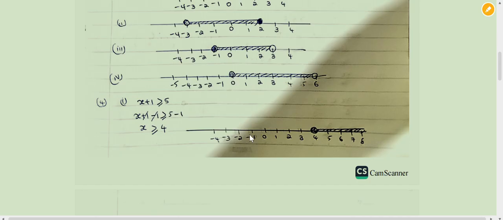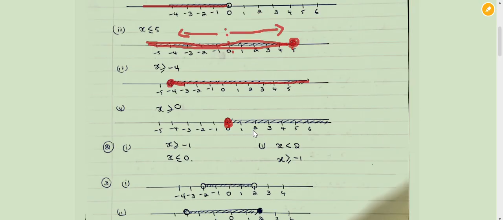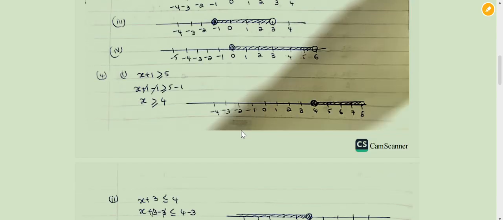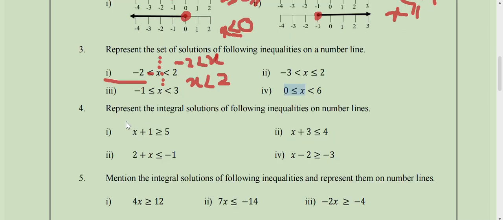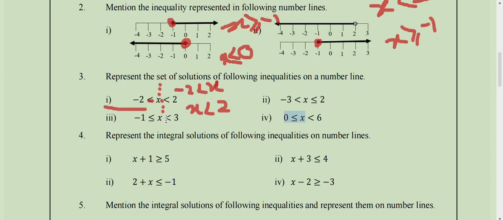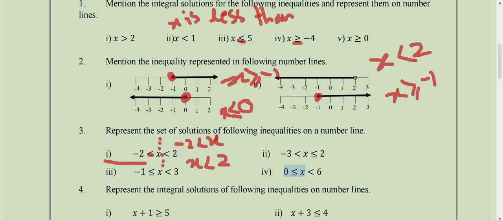Okay, now I think you can understand some basic points about inequality. And now I move to the fourth question. Represent the integral solution of the following inequalities on the number lines. Okay, now I think you have solved some problems like this.